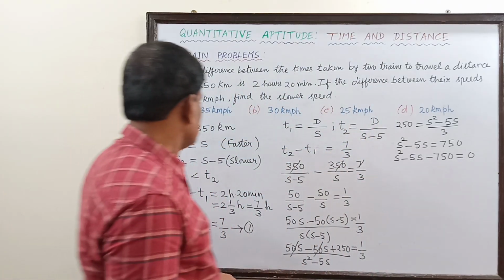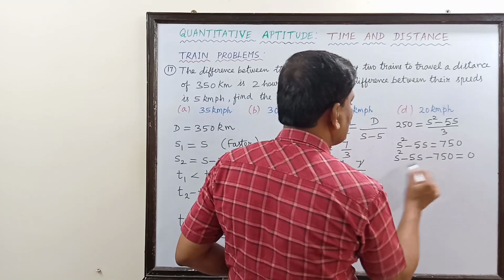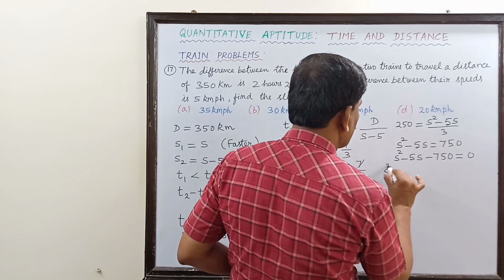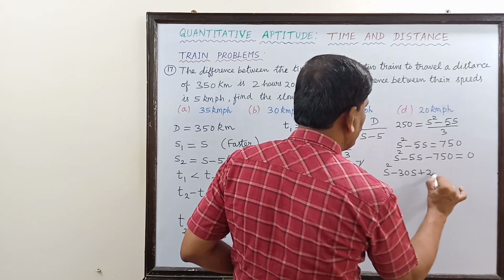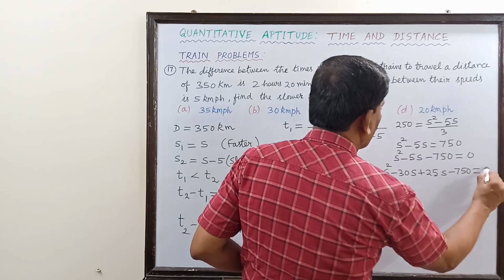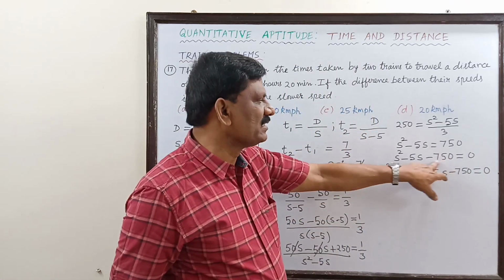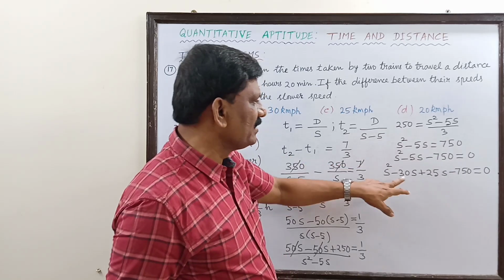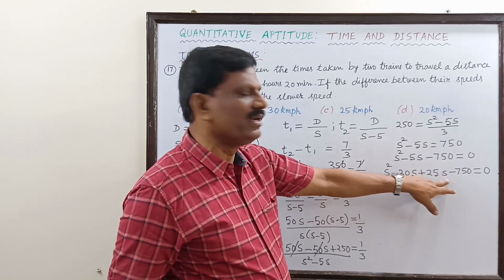Now this 750 should be factorized. I can write this as s square minus 30 times s plus 25 times s minus 750 is equal to 0. Here minus 750 is expressed as the sum of minus 30 times s plus 25 times s.